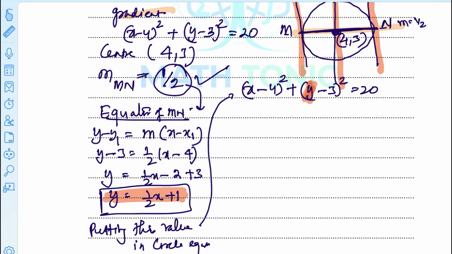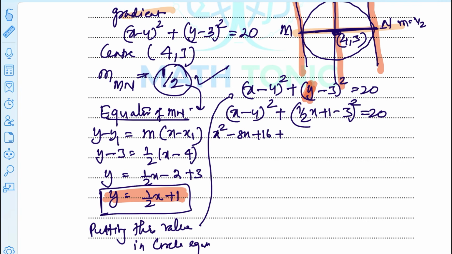So (x - 4)^2 + (1/2 x + 1 - 3)^2 = 20. If you expand the bracket, it will be x^2 - 8x + 16. This will be 1/4 x^2. Expand the bracket, it will be 2, so minus 2, which means -2x + 4 = 20.